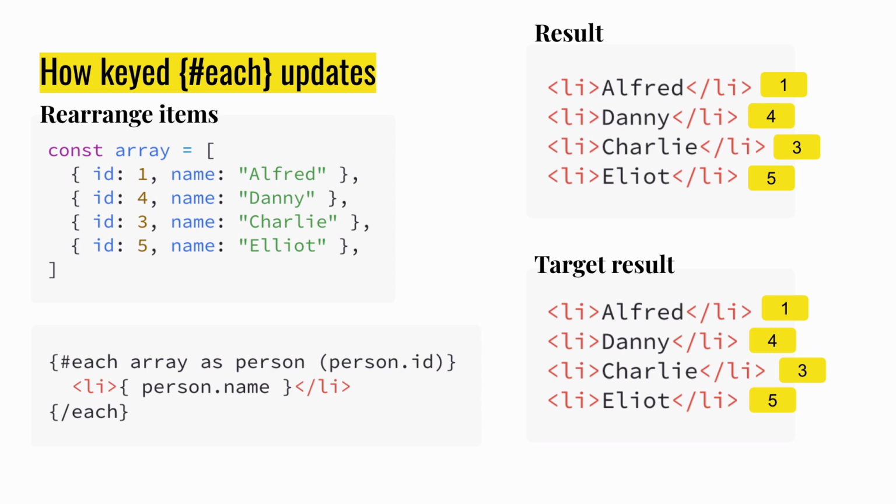Of course, in terms of fewer updates on the elements, but of course you trade it off with having more memory consumed, because you have to have a mapping of all the keys versus the elements and go through slightly longer operations of comparing elements with the key and the mapping and rearranging items, right? So there you have it. There you have the difference between each block and a key each block with visualization.